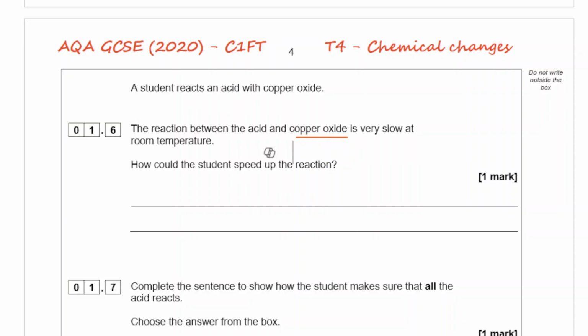Well, if you want to speed up the chemical reaction, one of the easiest ways is to heat it up. So heat the mixture.